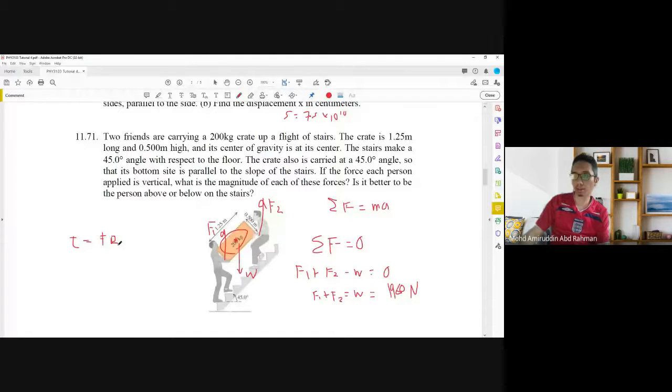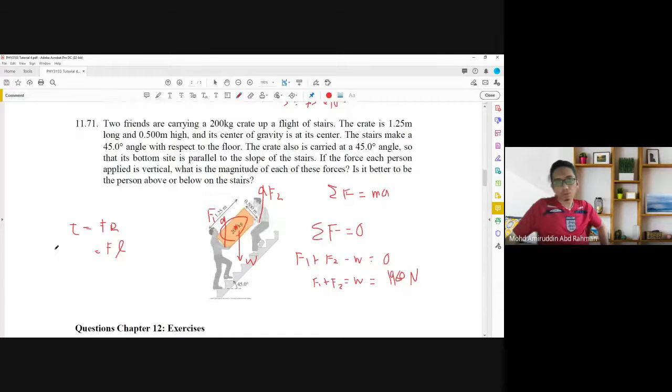So F1, and then what we have over here is F2, so that is F2, L2.